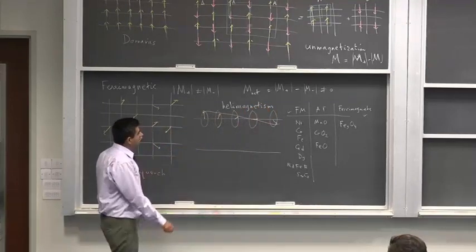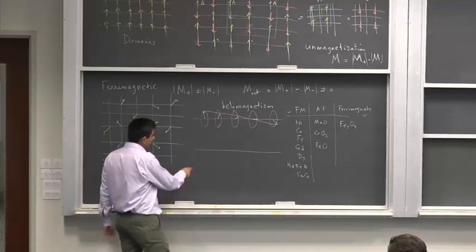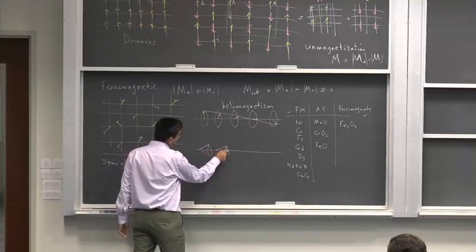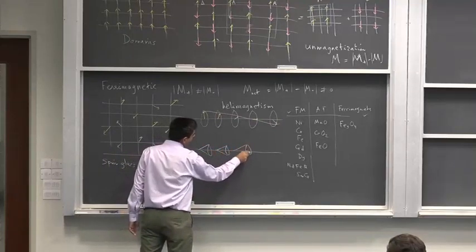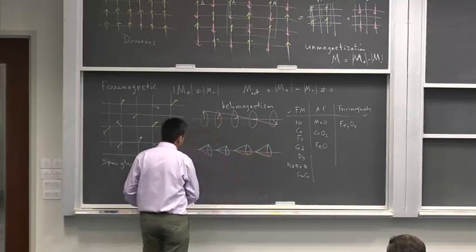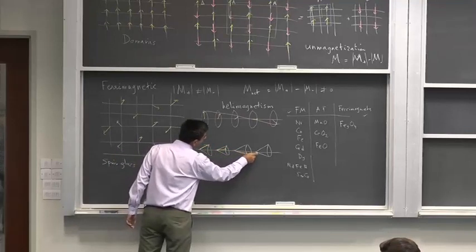And this is a very popular form of magnetism for rare earth materials. Likewise, you can also draw cones here, and the spins lie on the surfaces of these cones.